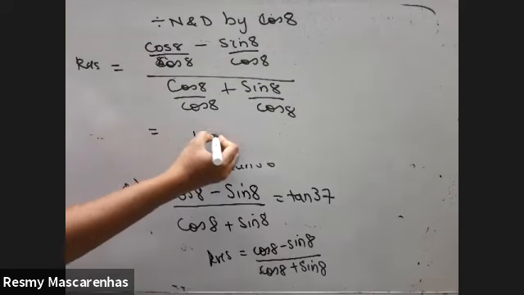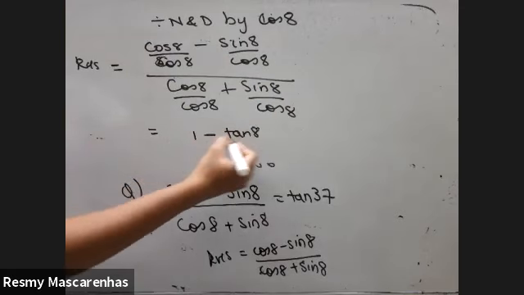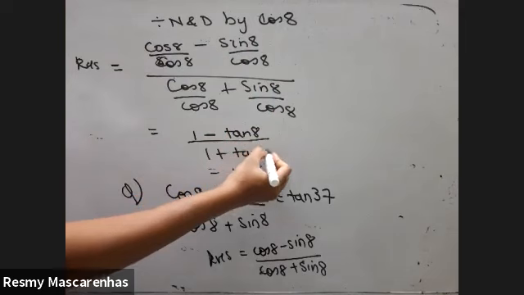What I'll get? 1 minus tan theta on 1 plus tan theta.